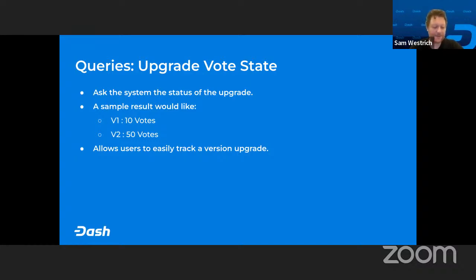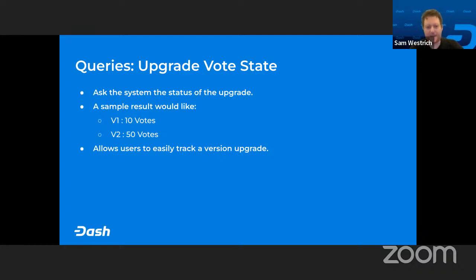Shout out to all the different services that exist out there that show information about our network. They'd all be interested in this. They can basically just query platform and say, okay, the upgrade is going well, most Evo nodes have upgraded and are voting for the new version. And you can see that. And this can also be a proof query.